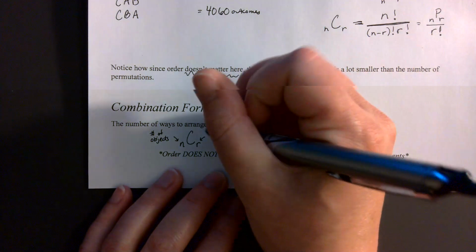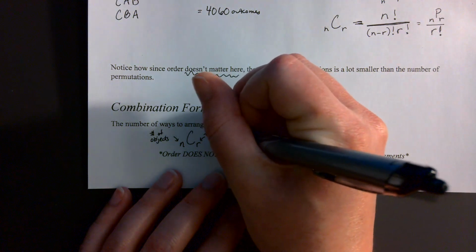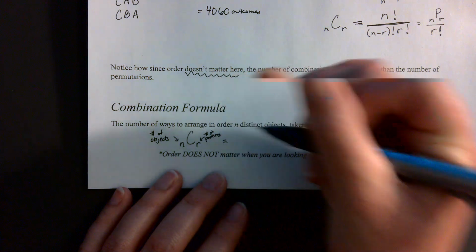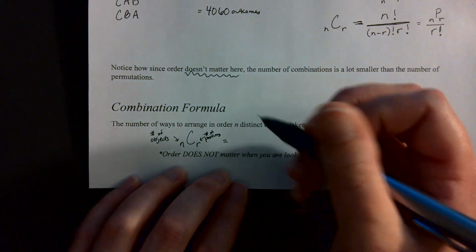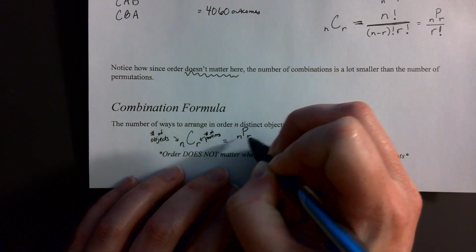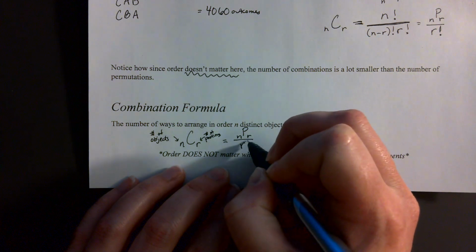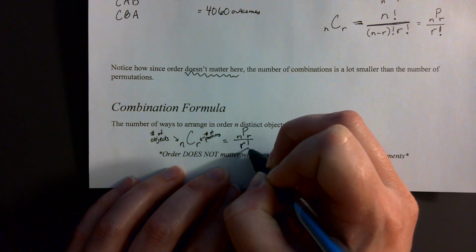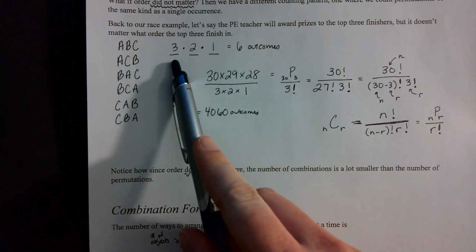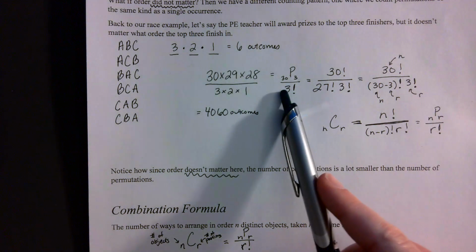So this is like the number of positions that we want. And that's going to be equal to, really it's just our permutation divided by our number of positions factorial. Because remember we had 3 positions, that's 3 factorial. That's where we got that 3 from.